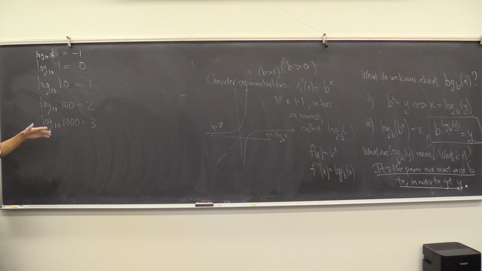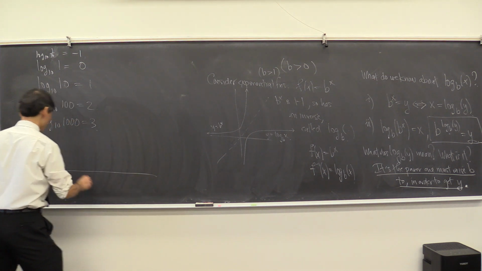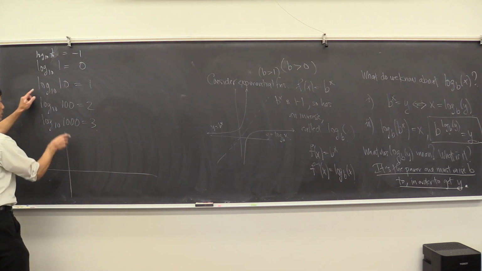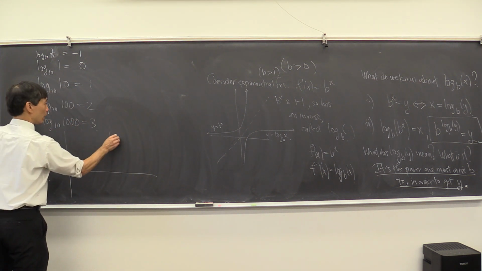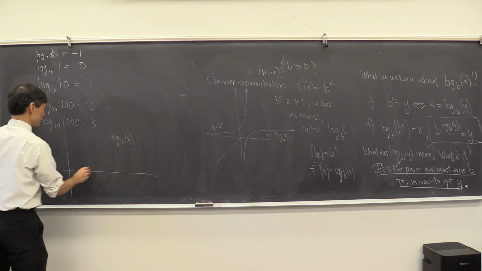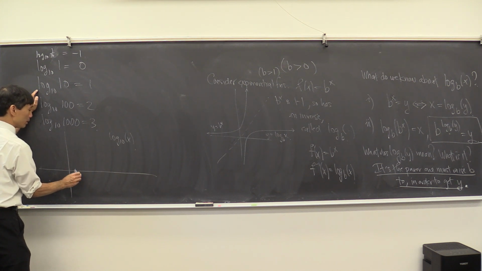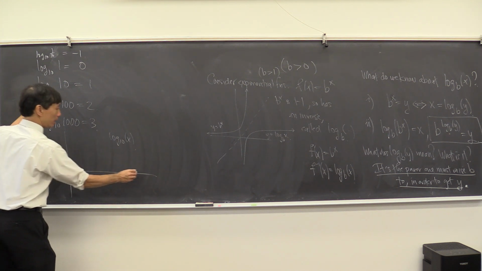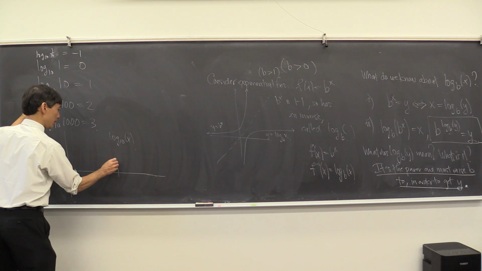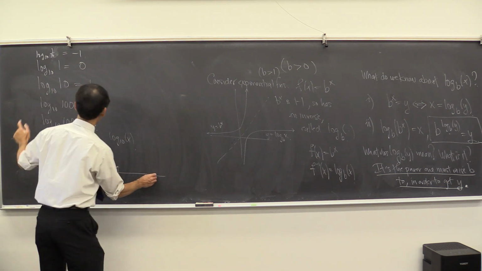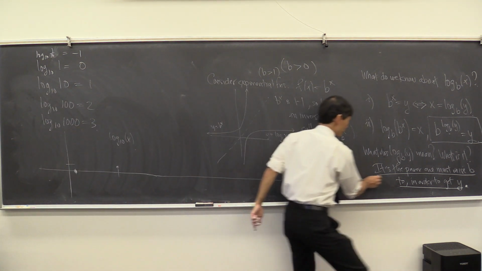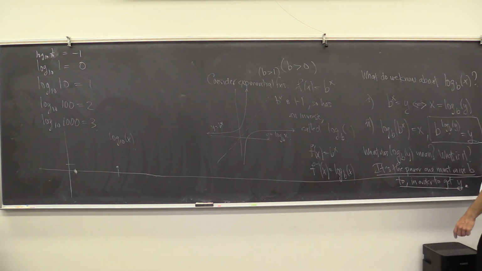Okay, so this gives you some way of thinking about the log function, right? If I'm looking at log base 10 of x, then at time 1, it's 0. At time 10, it's 1. At time 100, maybe around here, it's 2. At time 1,000, it's 3.